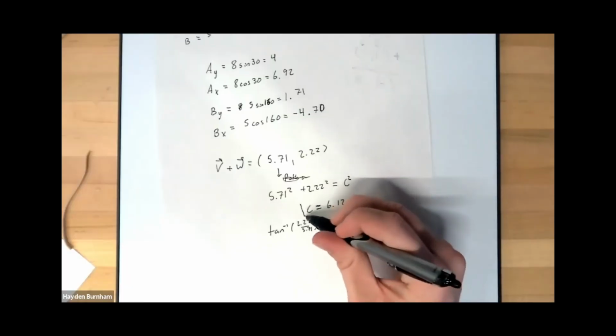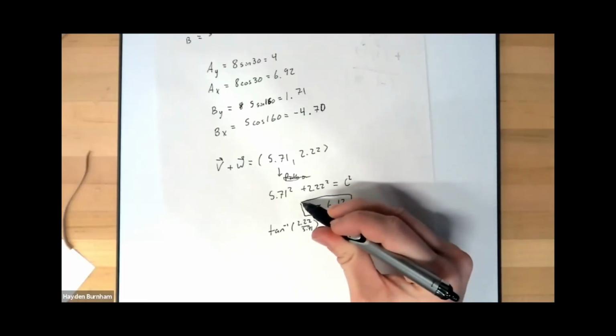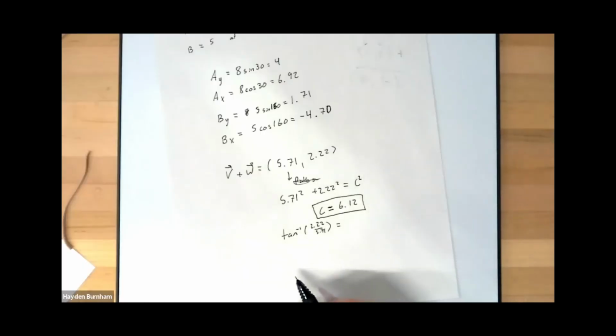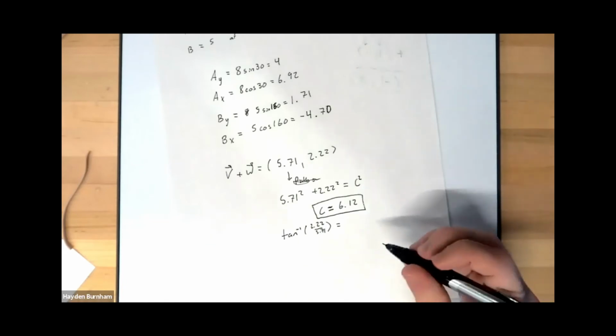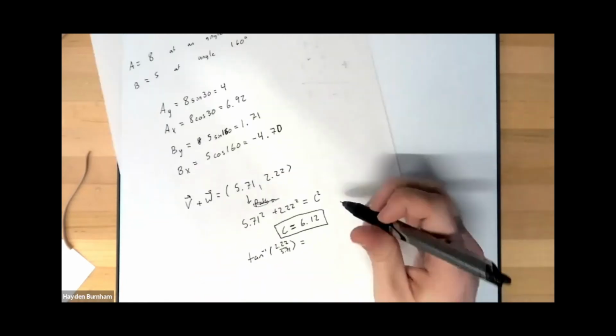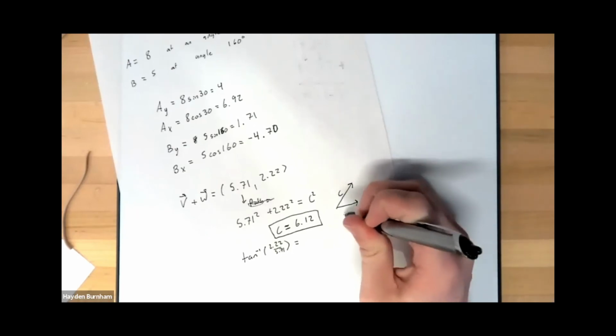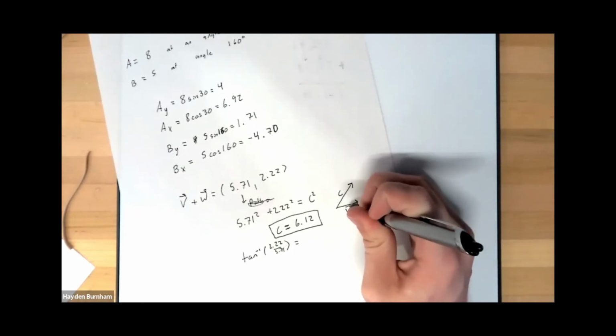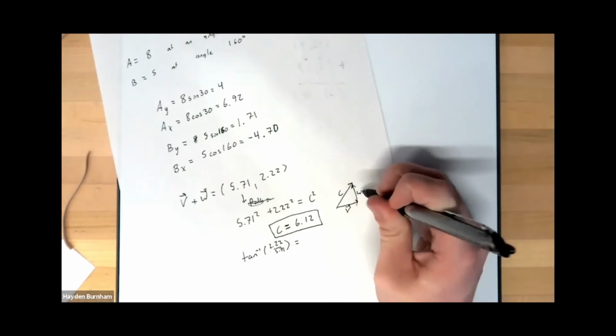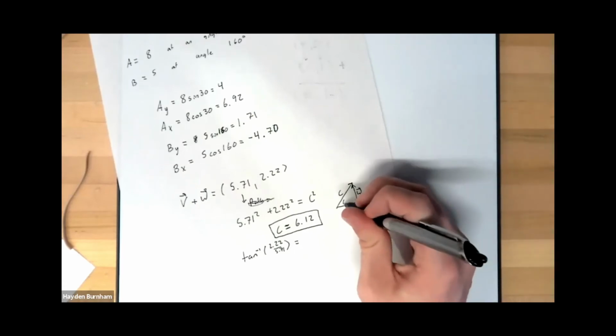You said C is the magnitude? Yes. So that would be the magnitude. Again, sorry for my terrible handwriting. You're fine. So let me draw this up. This is C, and it's really called V and W, and we have this angle.